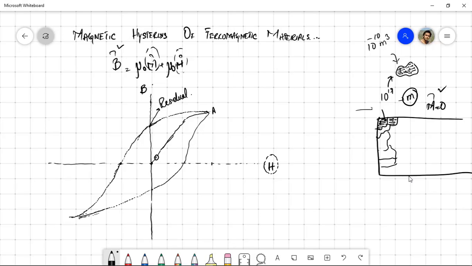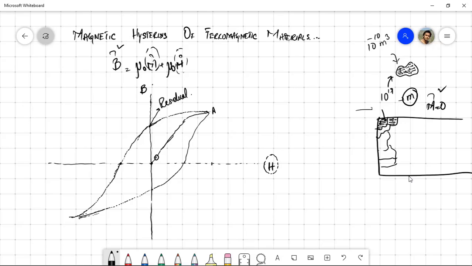Okay, so he's saying that in hard magnetic materials, in those magnetic materials in which the hysteresis loop is wide, more work will need to be done in order to demagnetize and remagnetize that material. It means that the application of this material will be in the manufacturing of permanent magnets.